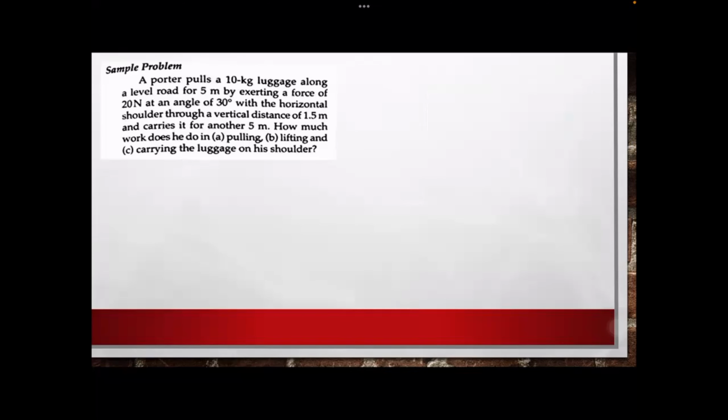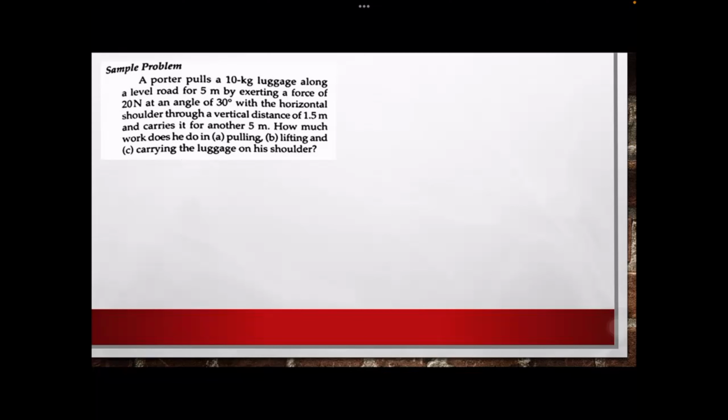Example here: a porter pulls a 10 kg luggage along level ground for 5 meters by exerting a force of 20 Newtons at an angle of 30 degrees with the horizontal, shoulders it through a vertical distance of 1.5 meters, and carries it for another 5 meters. So first, he pulled it at 30 degrees, exerting 20 Newtons.